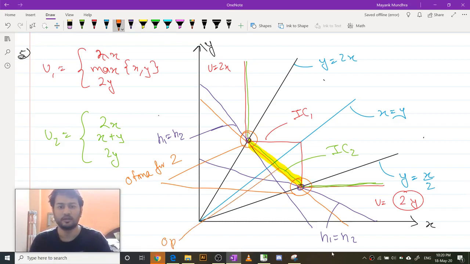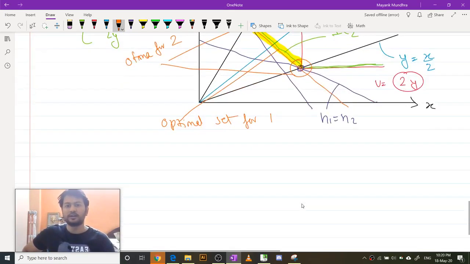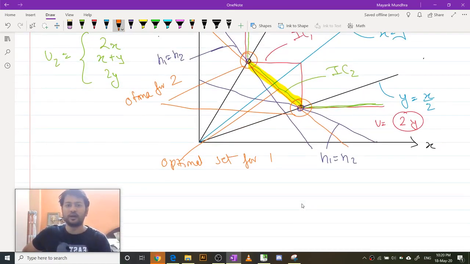Optimal set for agent 1. So in each case I know that either it is the same or it is a subset. So in the third case you have H2 as a proper subset of H1.